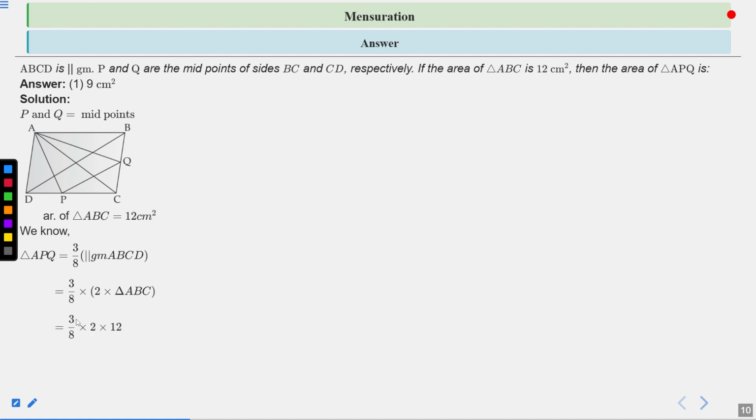So we calculate 3 by 8 into 2 into 12. When we divide, 4 2s are 8 and 4 3s are 12. 2 will be cancelled out. So 3 multiplied by 3, we get the area of triangle APQ, which is 9 square centimeter. So the first one is the correct answer of this question. Next one.